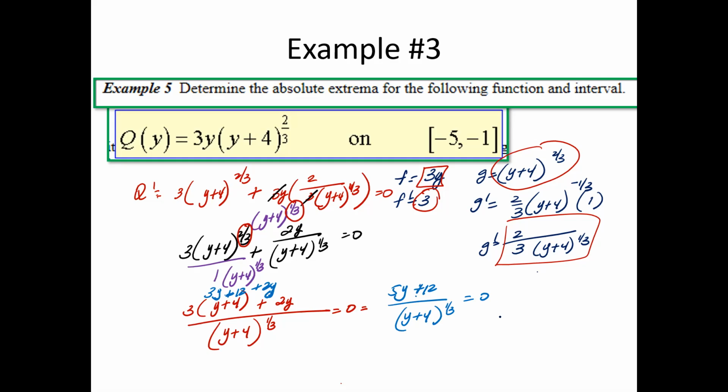Okay, so at this point, let's see, because I have a 1 here, but if I cross multiply, it wouldn't work because I have the 0 times this entire thing.